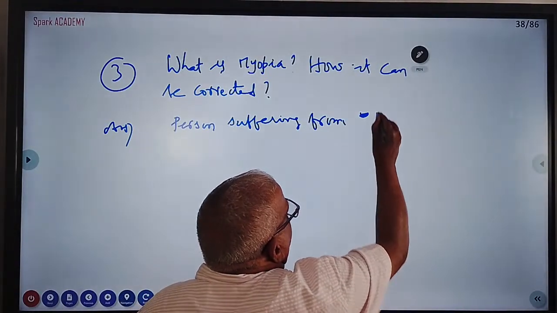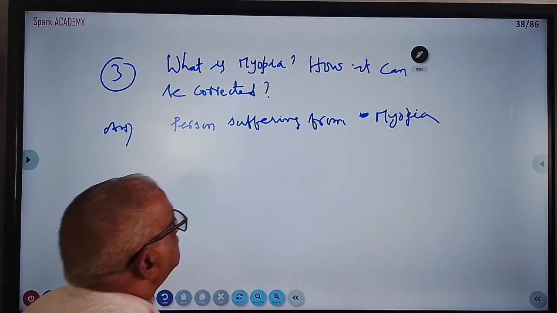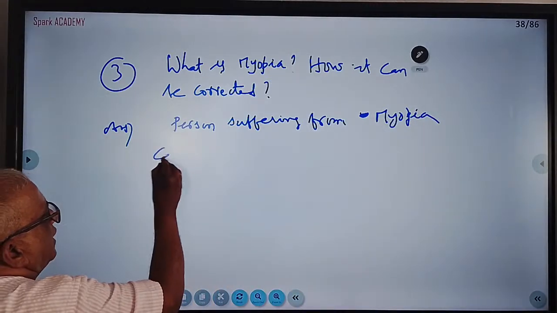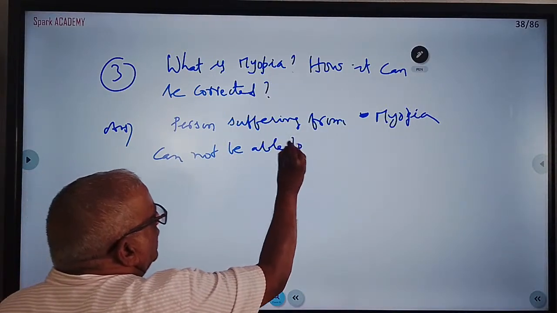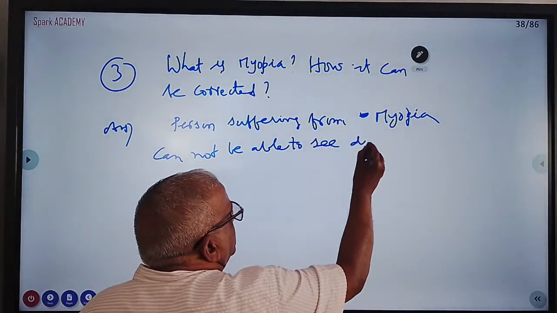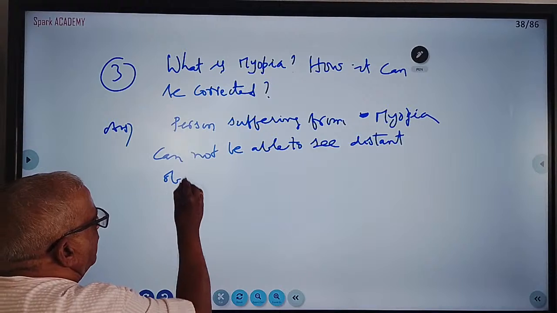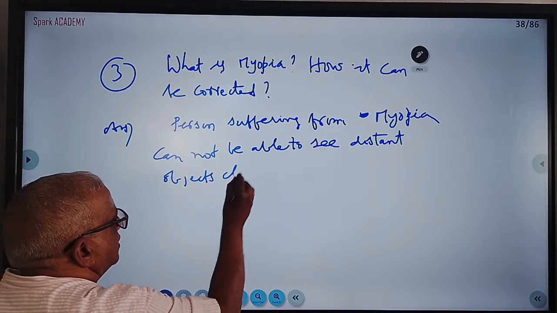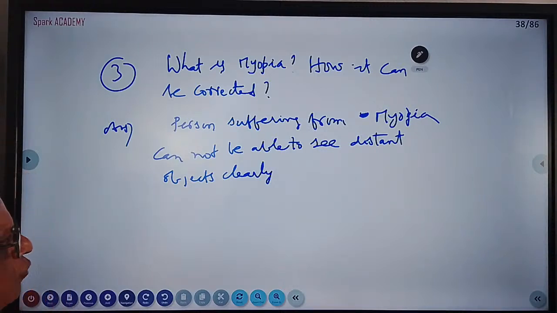Cannot see distant objects clearly. A person suffering from myopia cannot see distant objects clearly. That means he can see near objects clearly.